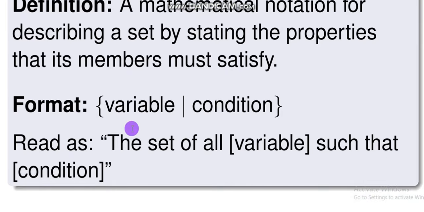It is read as the set of all, then you mention the variable. For example, if the variable is X, then you say the set of all X such that, and after such that, you mention the condition. So the set of all X such that, then the condition that X must satisfy in order to be a member of the set.